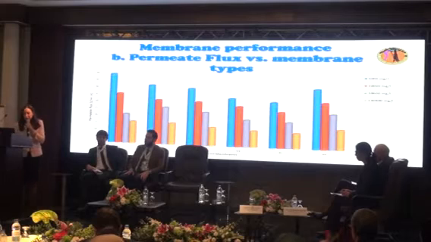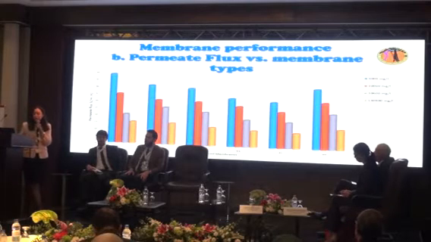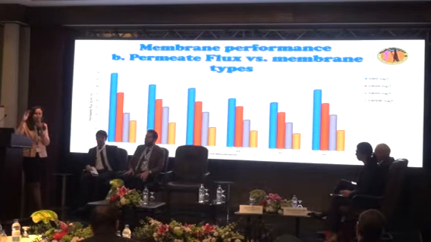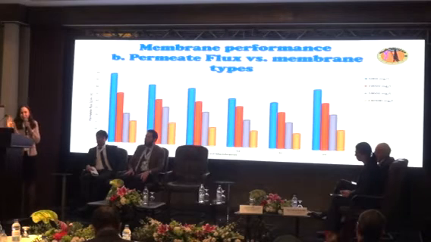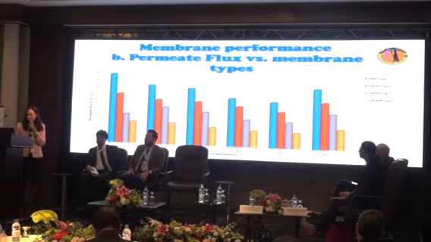Okay, and this is for the permeate flux. Of course, as I said, the first two membranes give us great permeate flux, because there is no coating, or no PVA coating. But this is not what I want. I want the coating to control the pore size and pore density.